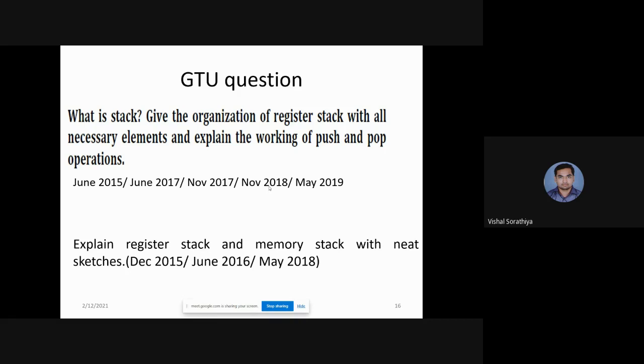This question has been asked many times continuously from 2015 to 2019, and a similar question is also asked: explain the register stack and memory stack with neat sketches. It was also asked in remedial exams in December 15, 16 and 18. So it's the most important question, asked by GTU repetitively.